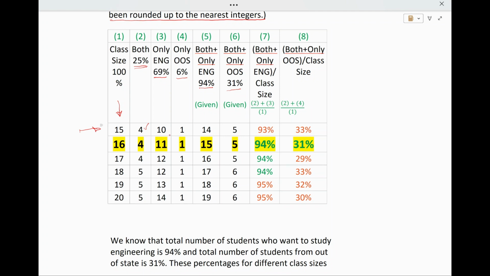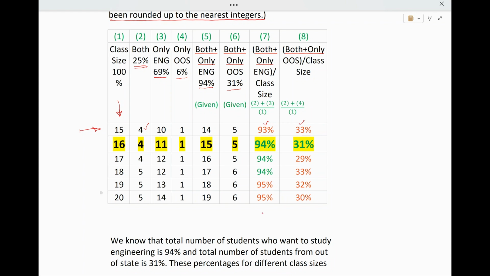Similarly, only engineering is 10, etc., etc. So under column 7, we get 93%, and under column 8, we get 33%. Similarly, we do it for class size of 16, 17, 18, 19, and 20.